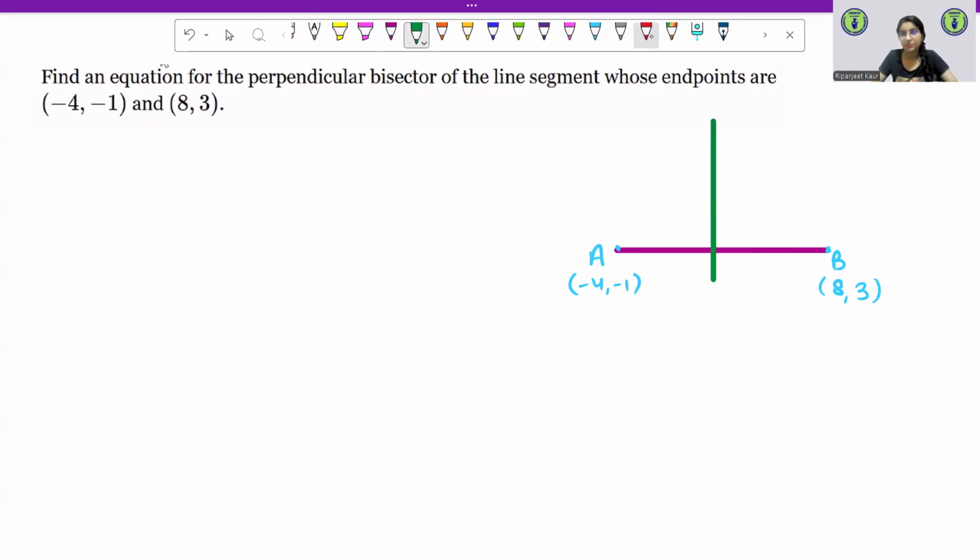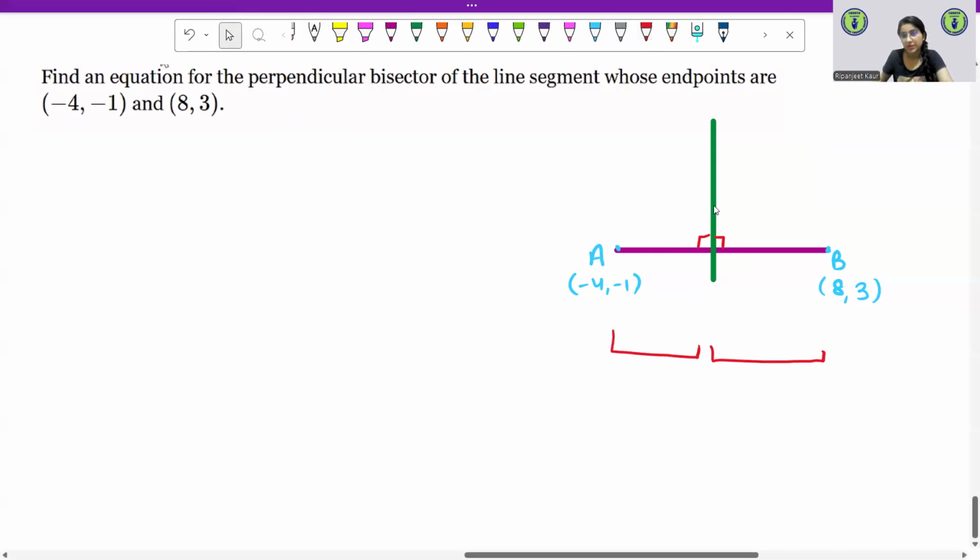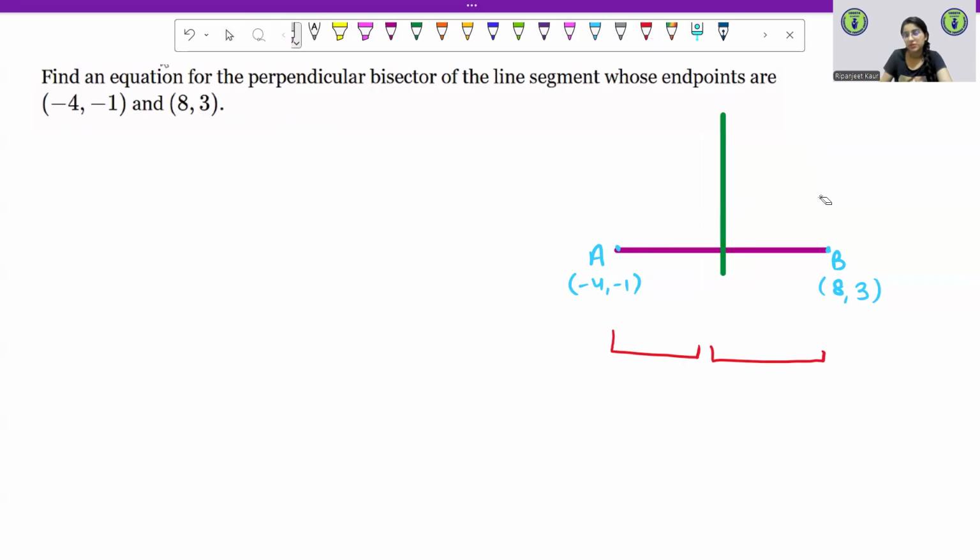Perpendicular bisector. Here it is perpendicular, and it is dividing the line into two equal pieces. That means this length and this length would be the same. Not to scale, but let's say that AO is equal to OB.